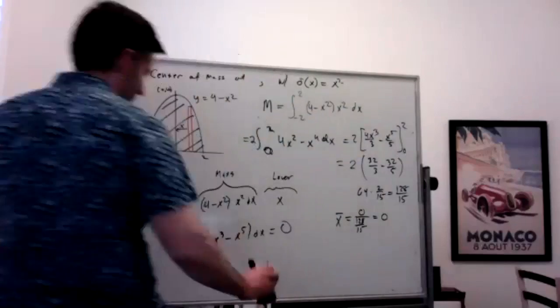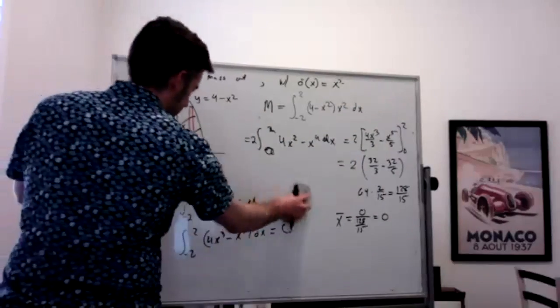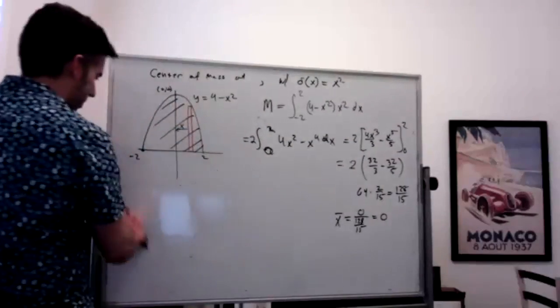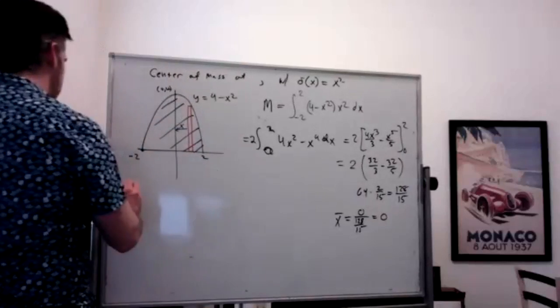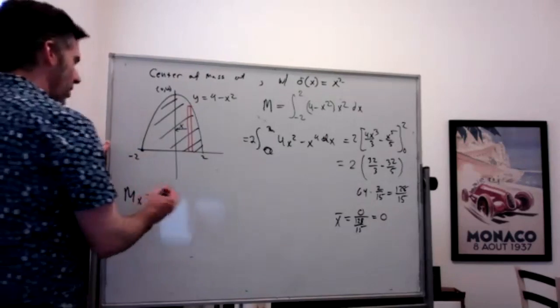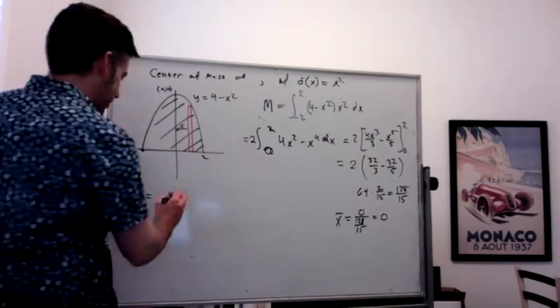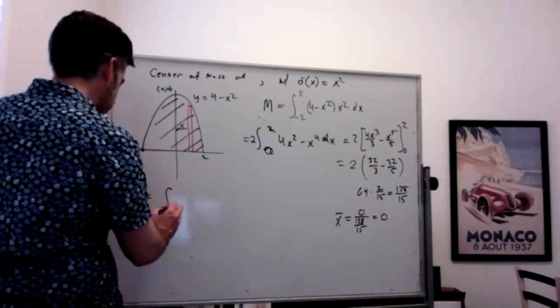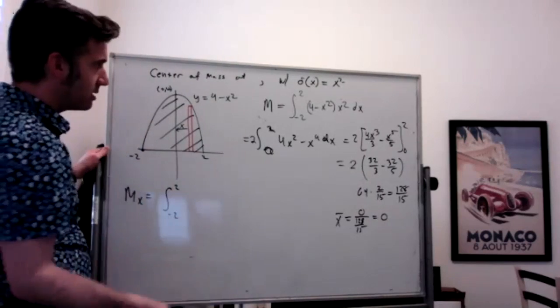Okay, so let's go ahead and find Mx. So here we have to use the formula where, again, you should think about what's happening here, right? It's going to be the integral from -2 to 2 of the mass.